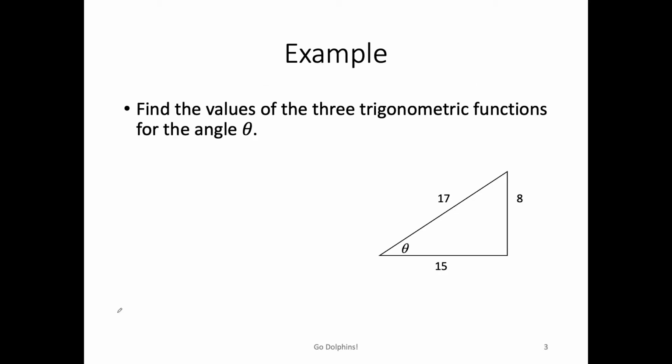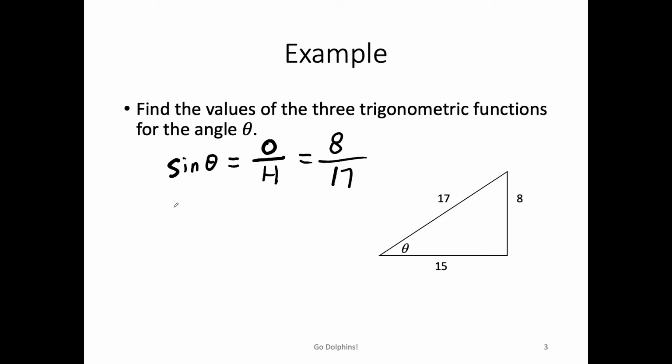So let's do one example to find the 3 trigonometry functions for the angle theta. Of course, first sine theta equals opposite side over hypotenuse, right? My opposite side is 8, hypotenuse 17.